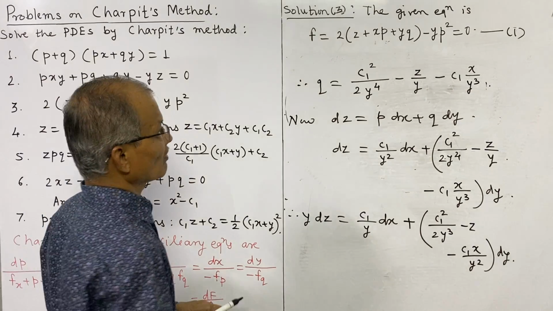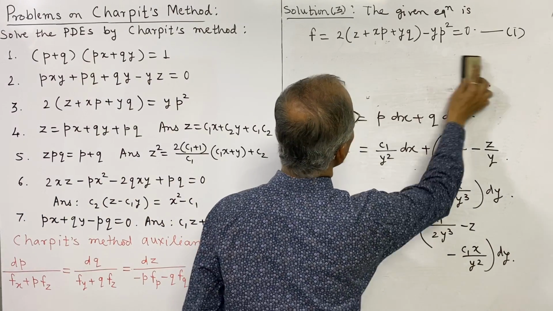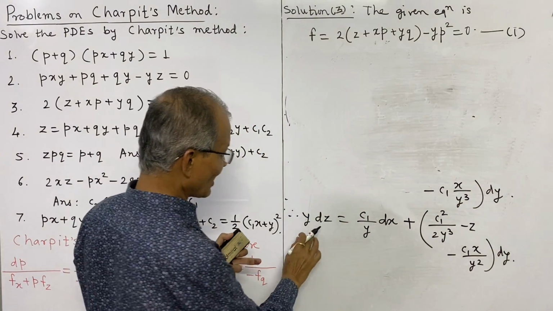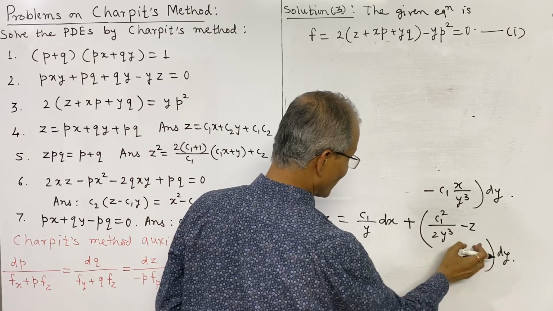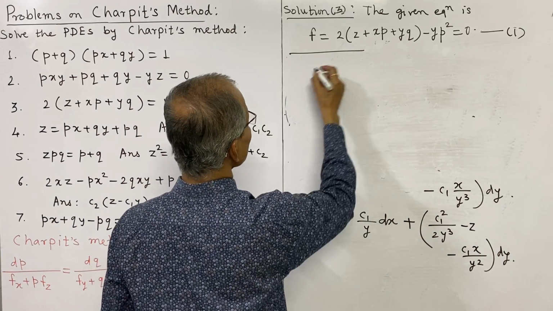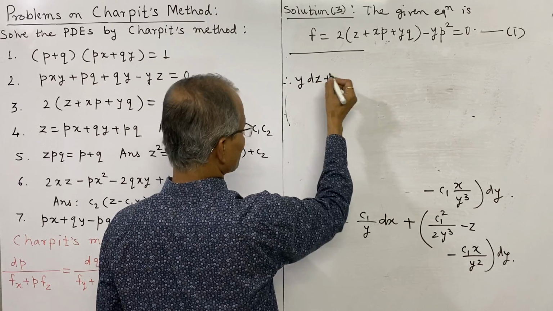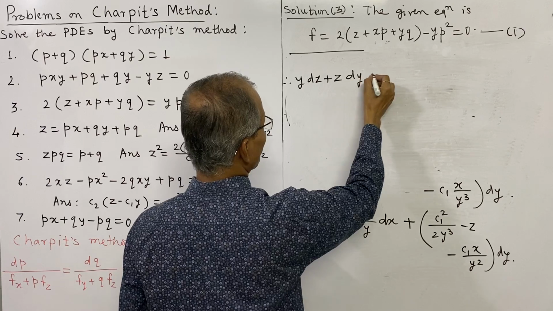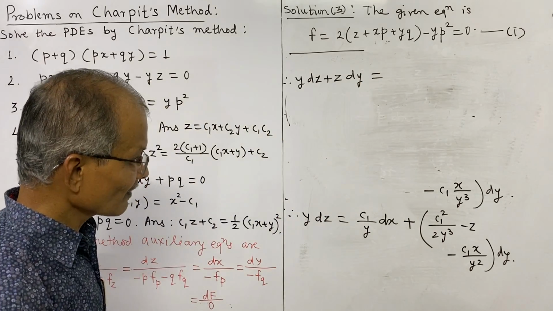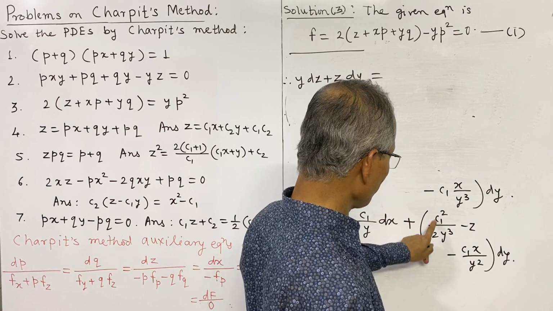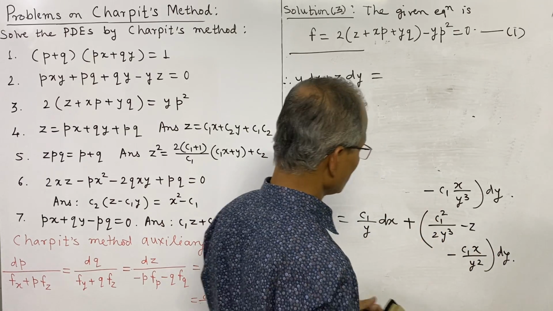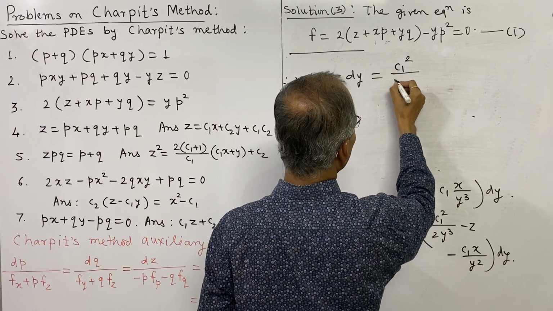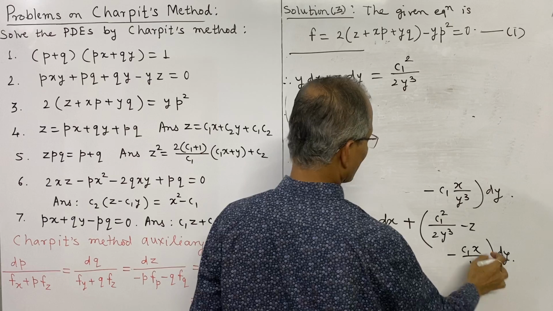Now we shall consider this: y dz, and minus z dy shifts to the left side, so y dz plus z dy is positive on the left side, and is equal to, further, we will write this term which is separate of y, c1 square divided by 2y cube into dy.